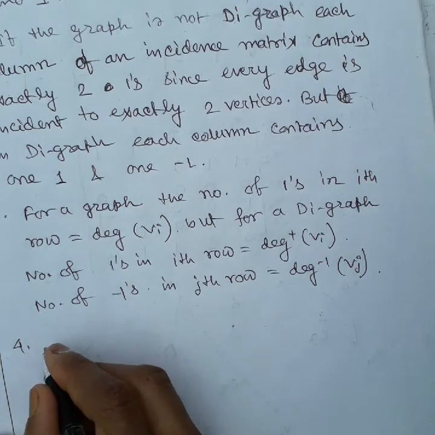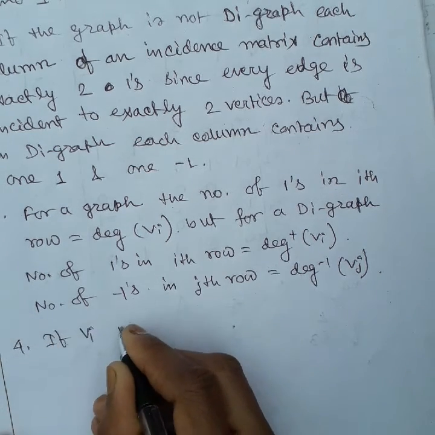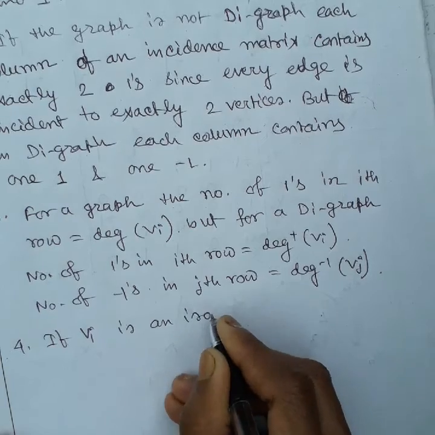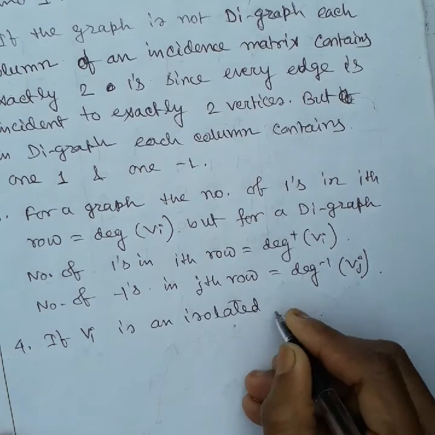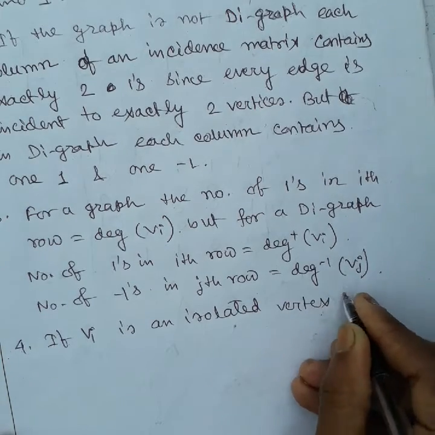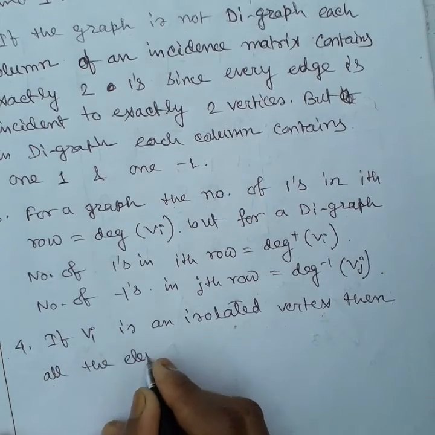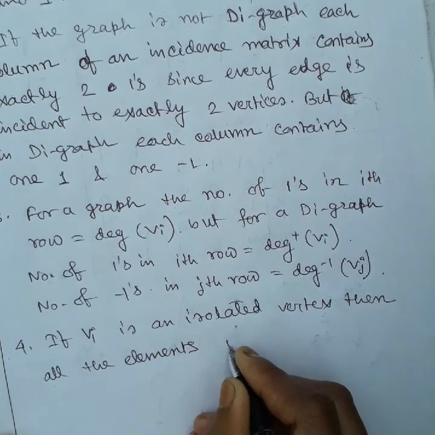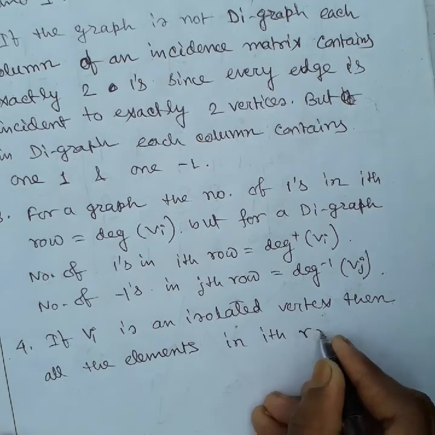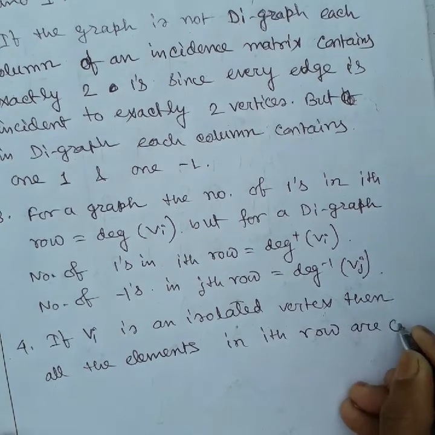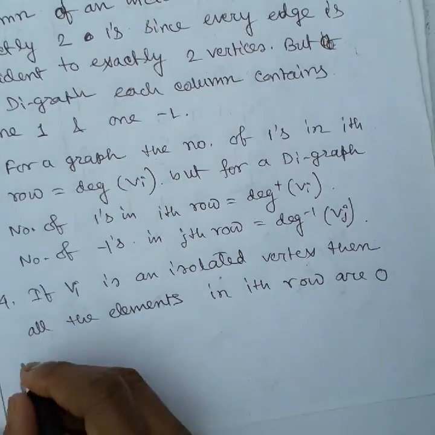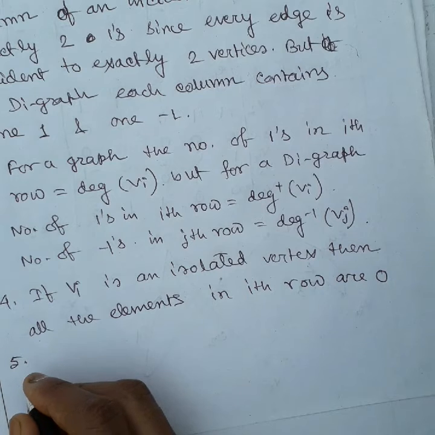So property number 4 is, if Vi is an isolated vertex, then all the elements in the ith row are 0, and it's also true vice versa.